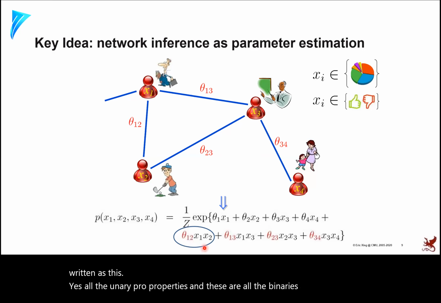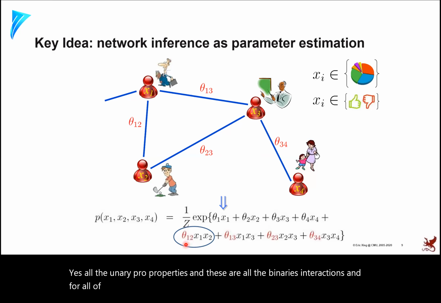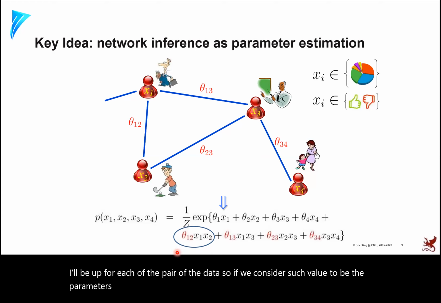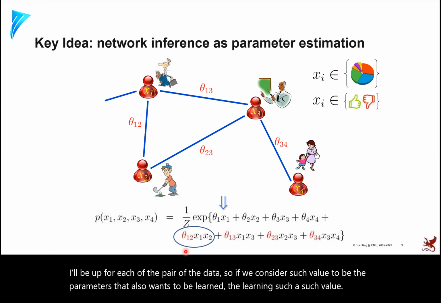For all of the binary connections, we have parameters theta 1,2 and theta 1,3 like this, for each pair of the data. If we consider such values to be the parameters that we want to learn, learning such values is exactly what we want to do for structure learning.